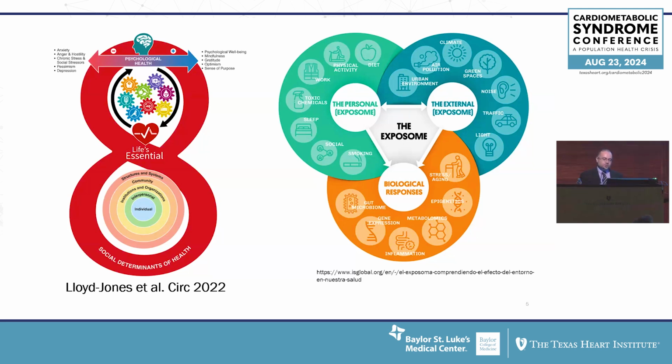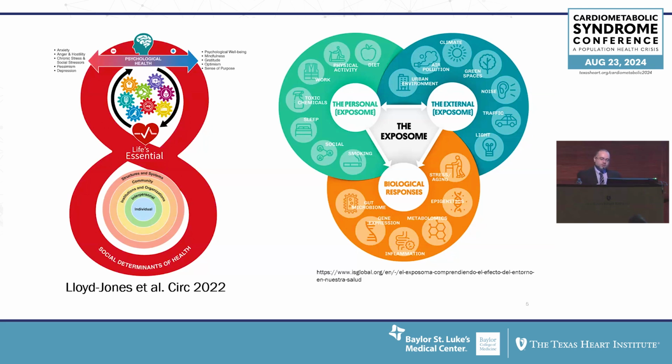The personal exposome, where we're talking about diet, exercise, work, toxic chemicals that were talked about earlier, sleep, social interactions, but also climate. The external exposome, which includes climate, green space, what is around you, even noise pollution, traffic pollution. And I'll try to touch upon some of these during my talk today.